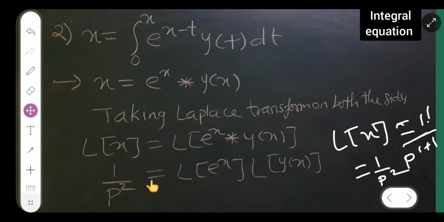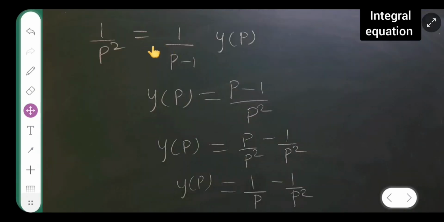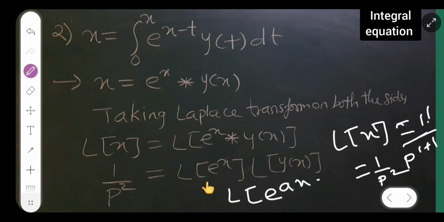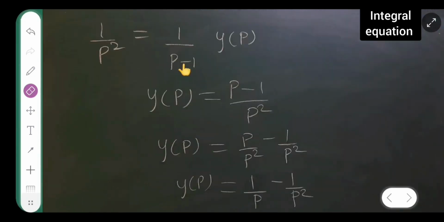Now 1 upon p squared is equal to 1 upon p minus 1 times Y(p). Here, L of e^(ax) is 1 upon p minus a, but here my a is 1, so I have to plug in 1.